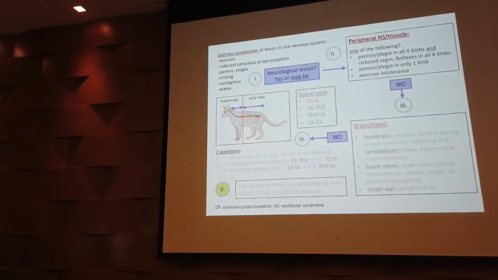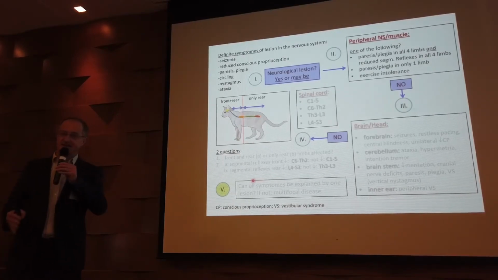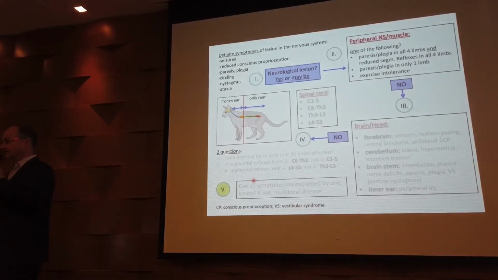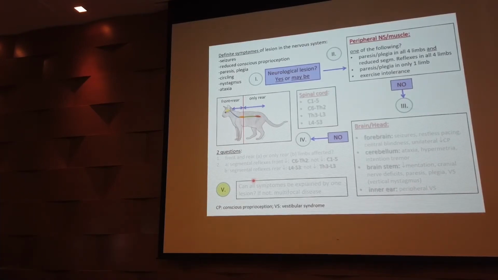That was one criterion. The second one is a completely different one. The first one was all four limbs. The second one, if you have neurological deficits in only one limb, it's most likely the peripheral nervous system in that one limb. It's not compatible with brain or spinal cord dysfunction.